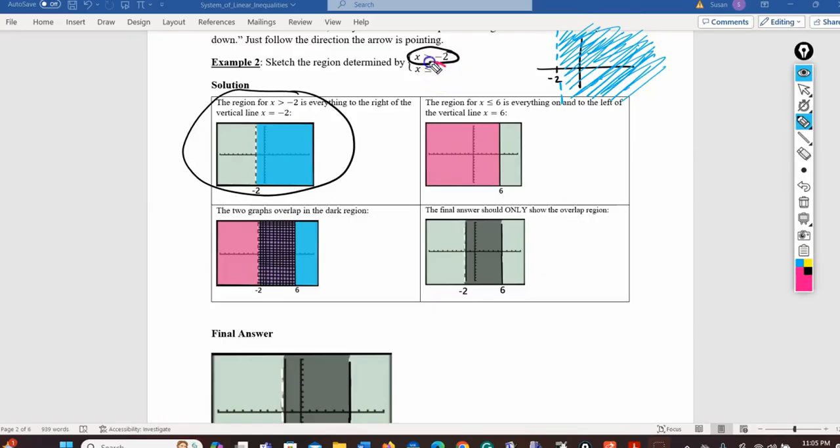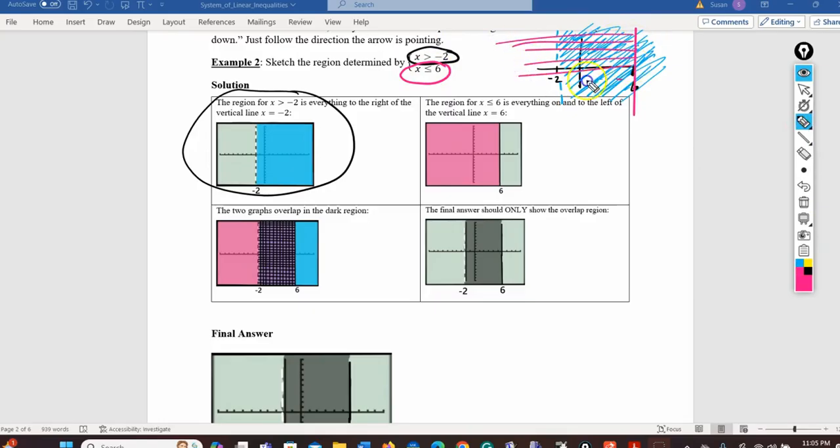Then in the case of this, x is less than or equal to 6, well, if that's where 6 is, then we include the line, and the arrow is pointing to the left, so we include the line and everything to the left.